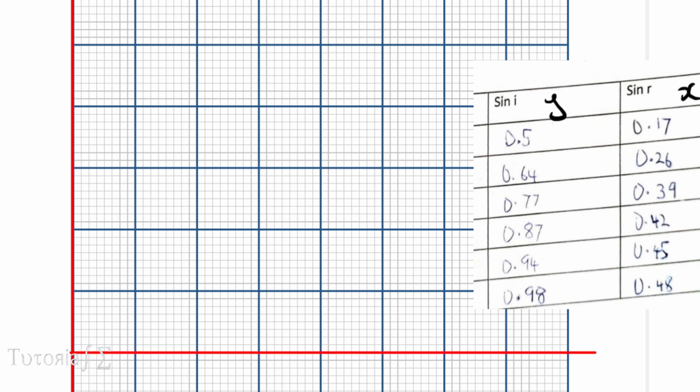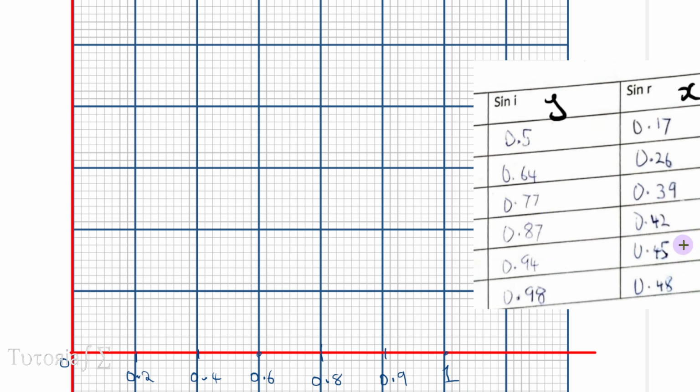Okay, so in the y-axis I can choose this to be 0, then 0.2, 0.4, 0.6, 0.8, 0.9, and a 1 here. I'm just choosing a scale depending on these values that are here.